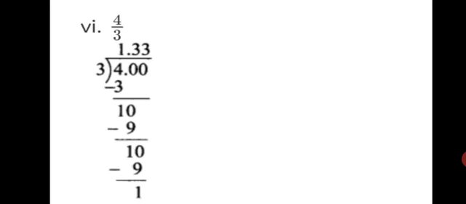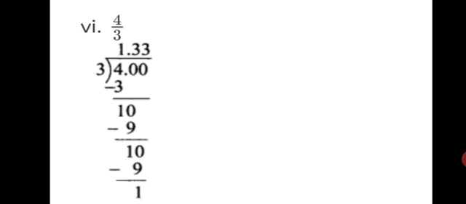So what will your answer be? 4 upon 3 is equal to 1.3. Will you write 3? No. 1.3 with a dot on top, because 3 is a single digit which is repeating. And when a single digit repeats, we put a dot on top of that digit. Okay. So what type of rational number is it?